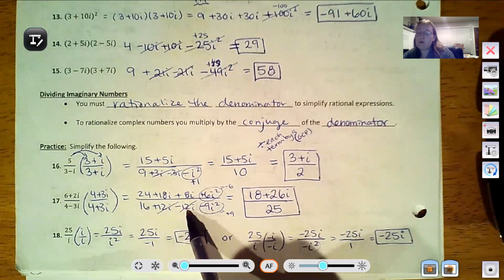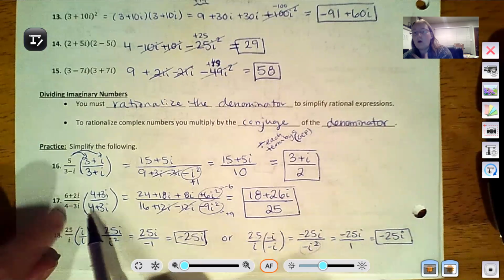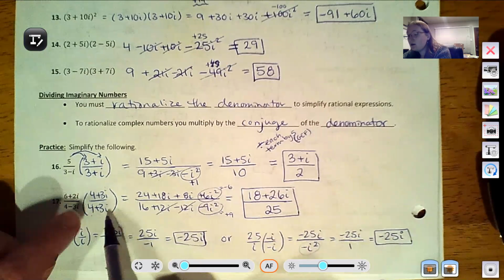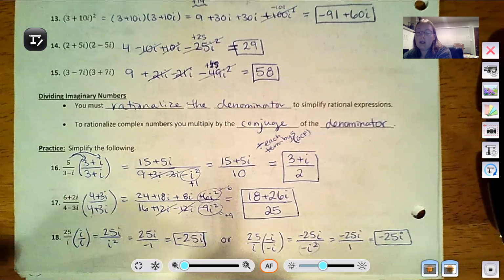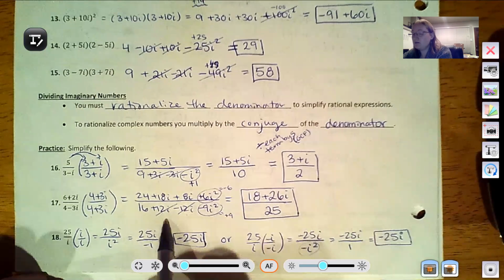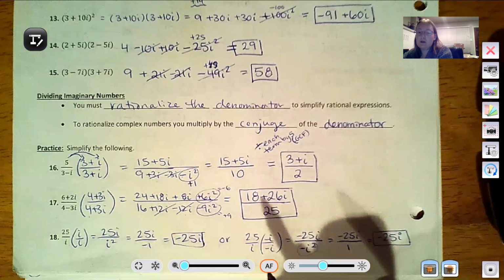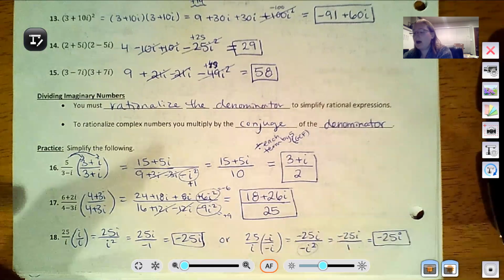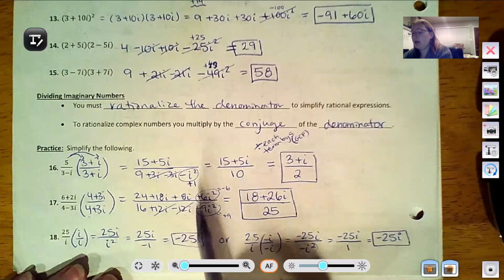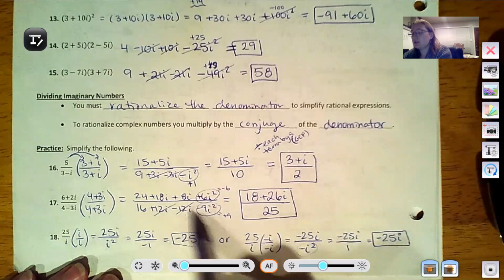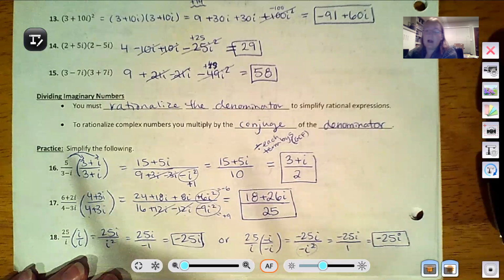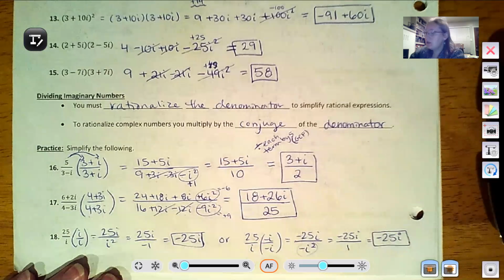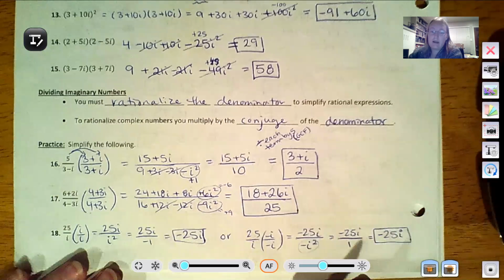I'm just doing it to practice the whole FOIL process, but if you start recognizing, oh, it's going to be 16 plus 9, go for it and just write 16 plus 9 and 25. But if you're still working on the whole process of multiplying and all of that, it might be a good idea just to write it out, especially since you're having to take care of that i squared. These don't all have a common factor, so I can't simplify that.